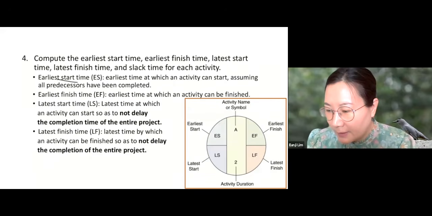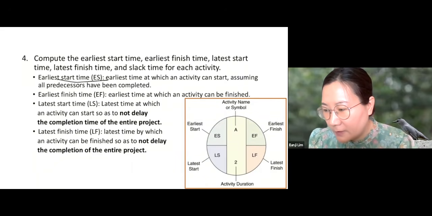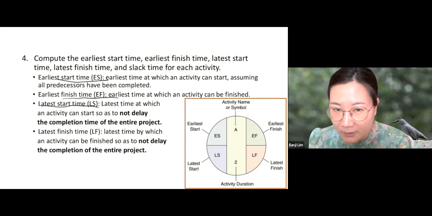The earliest start time, ES, is the earliest time at which an activity can start, assuming all predecessors have been completed. The earliest finish time is the earliest time at which an activity can be finished. The latest start time, LS, is the latest time at which an activity can start so as to not delay the completion time of the entire project.